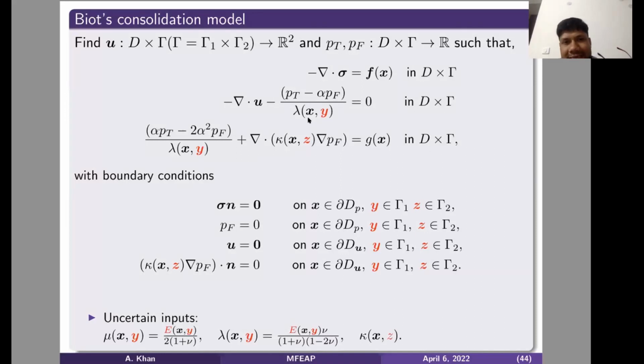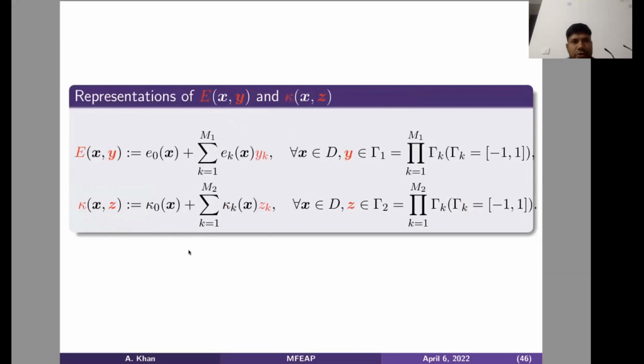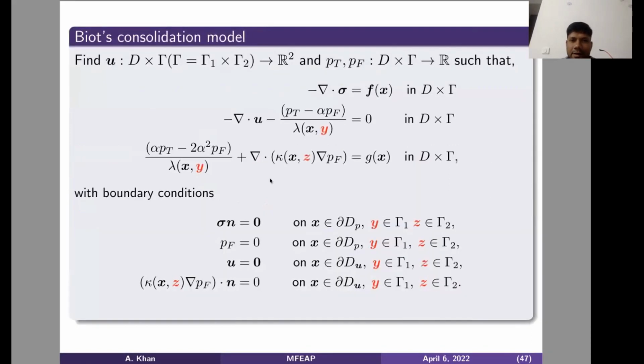But the difficulty is this: if we choose, for example, the representation of E and kappa with affine dependence on the parameters, by k and z_k, where we can assume these are the images of independent mean zero uniform random variables. But we are taking affine dependence, yet in our three-field problem, lambda is actually occurring here.